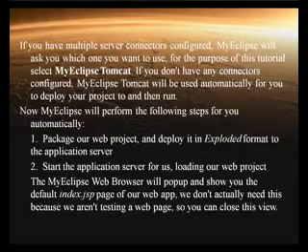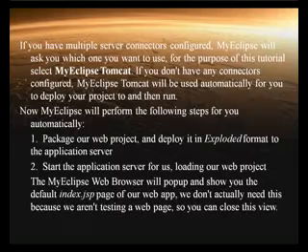If you have multiple server connectors configured, MyEclipse will ask you which one you want to use. For the purpose of this tutorial, select MyEclipse Tomcat. If you don't have any connectors configured, MyEclipse Tomcat will be used automatically to deploy your project to and then run. Now MyEclipse will perform the following steps for you automatically.